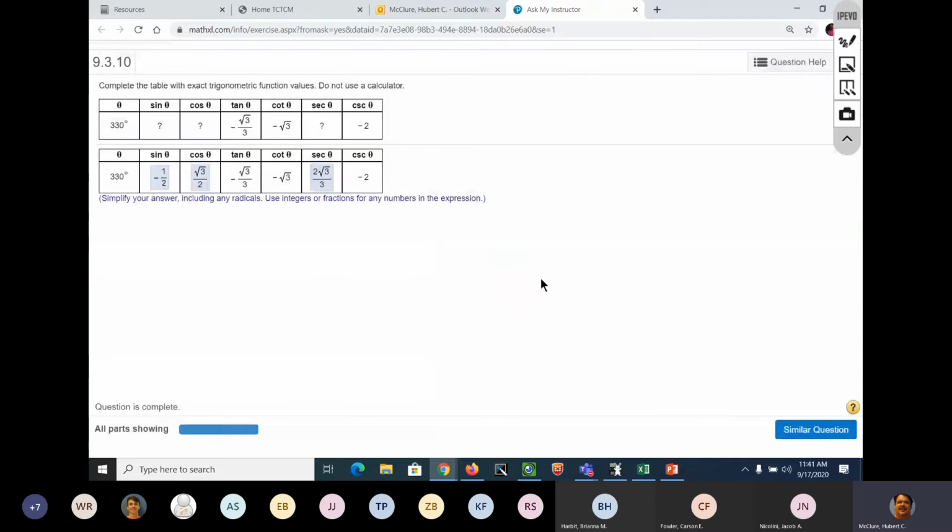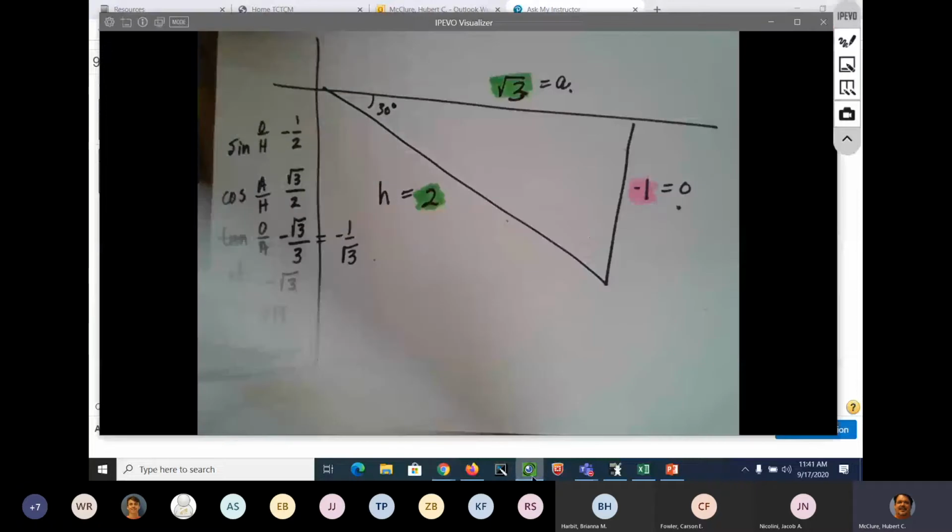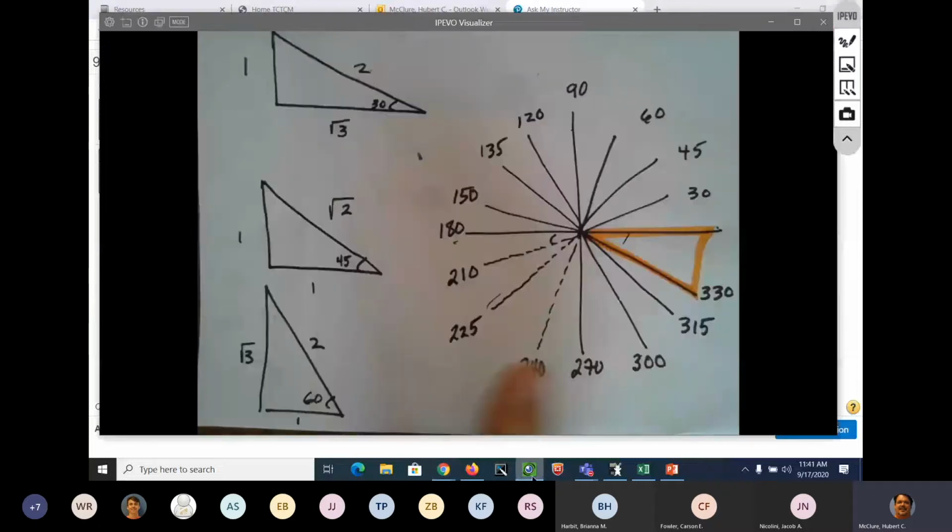That's a test question. It's also a standardized test question. 90% of trigonometry is, do you know where you are? When you are talking about trigonometry, 90% of the question depends on where you are on the unit circle.